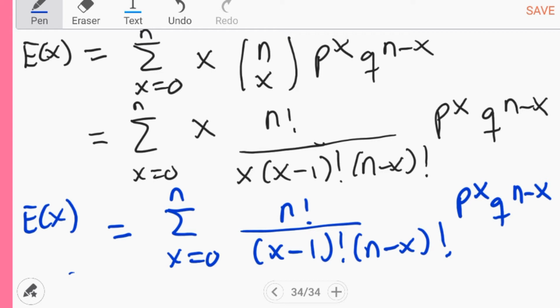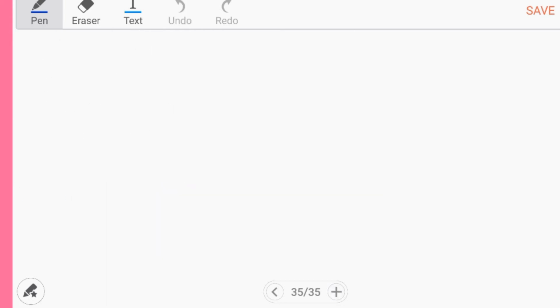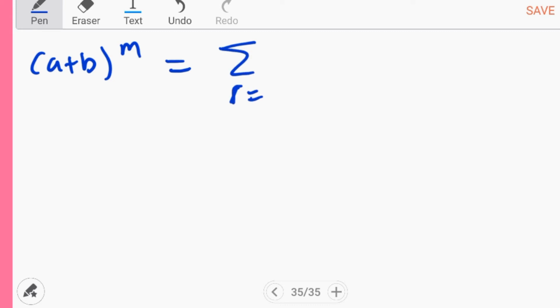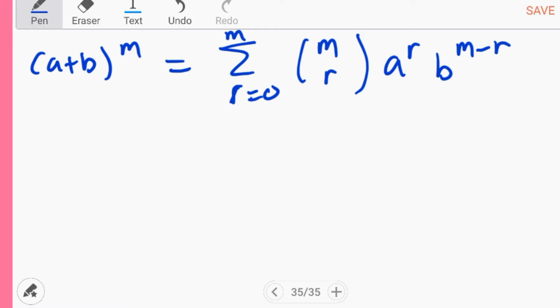But still we can't use the binomial expansion theorem. Let's check the binomial expansion theorem again. We have (a plus b) to the power m, which is equal to the sum over r from 0 to m of m choose r, a to the power r, b to the power m minus r.